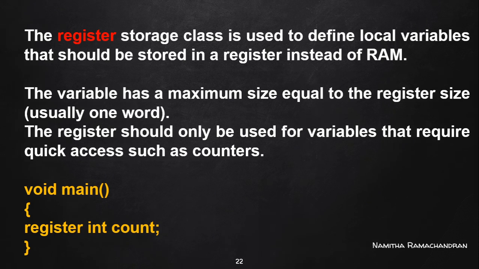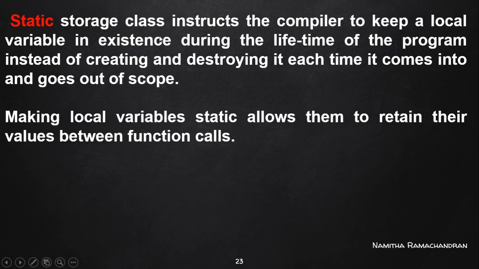Okay, next is about the static storage class. The static storage class instructs the compiler to keep a local variable in existence during the lifetime of the program, instead of creating and destroying it each time it comes into and goes out of scope.